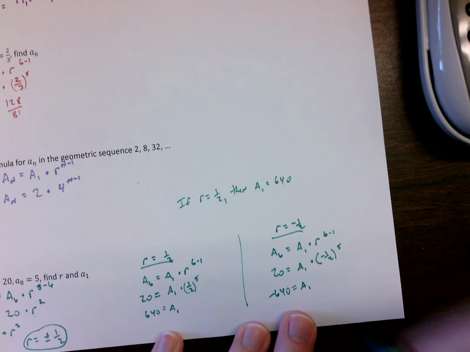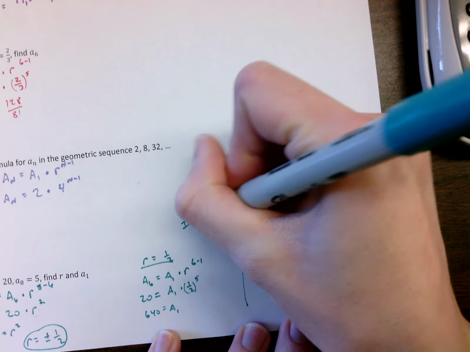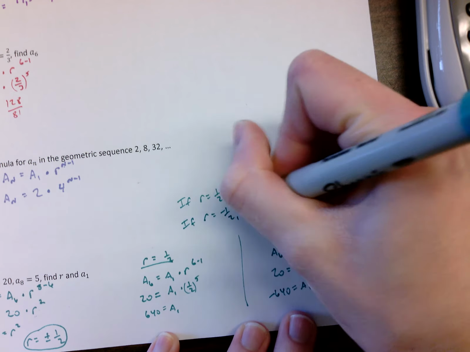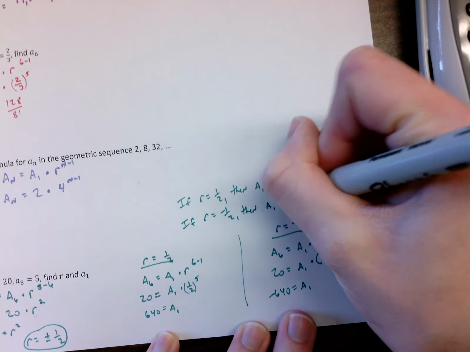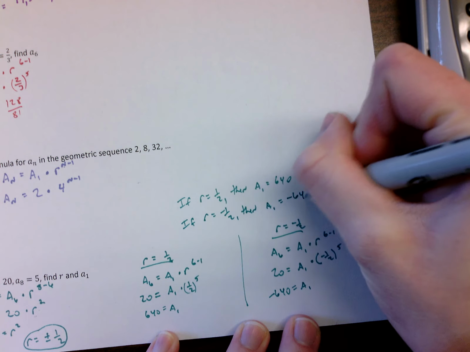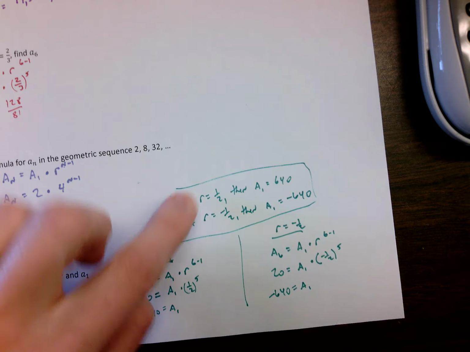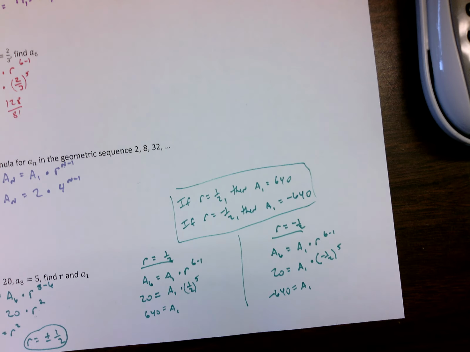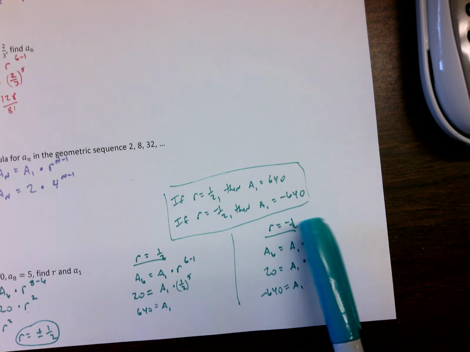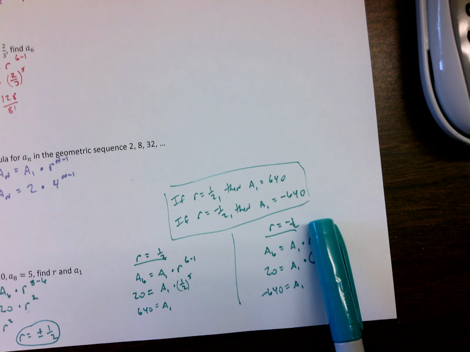Okay, so if our r value is -1/2, then A sub 1 is equal to -640. So depending on what you get for your r value, you could have different potential starting numbers. Now that won't always happen because, if you think about it, with either one of these cases, the next term in the sequence will be positive, right?